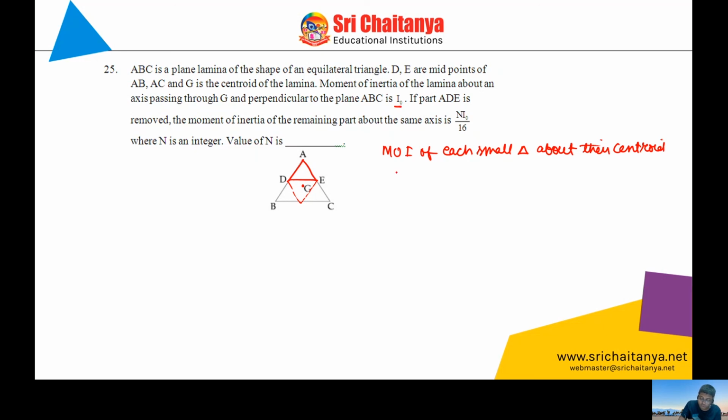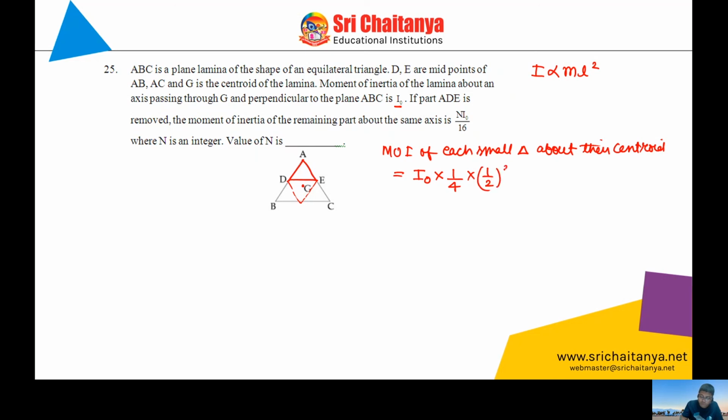For each of these smaller triangles, since I is directly proportional to ml square, the larger triangle has moment of inertia about its centroid as I naught, and we are looking for a triangle which has 1/4 the mass, so that is 1/4, and 1/2 the side length, so that is 1/2 square.